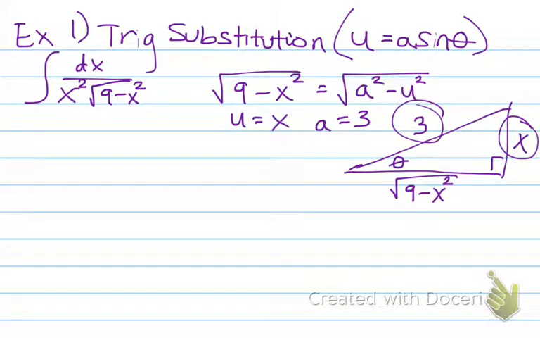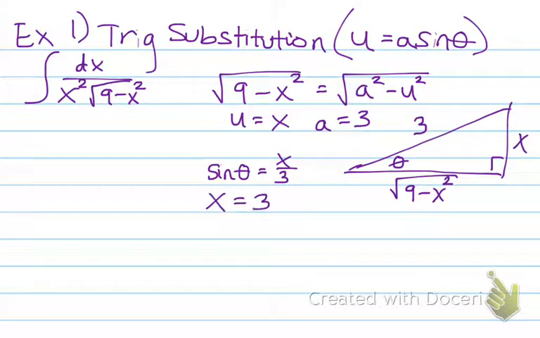So I'm looking at which trig ratio relates these two things together, and I notice that I have an opposite side and I have a hypotenuse. So opposite and hypotenuse is going to be sine. So I'm actually going to write that sine of theta equals x divided by 3, or in other words, x equals 3 times sine of theta.